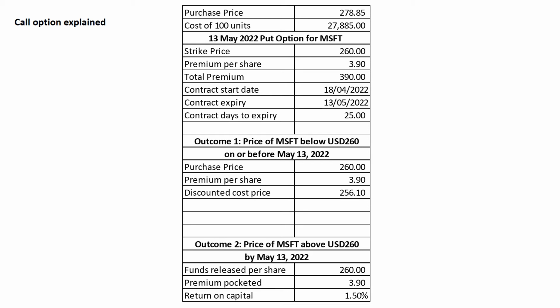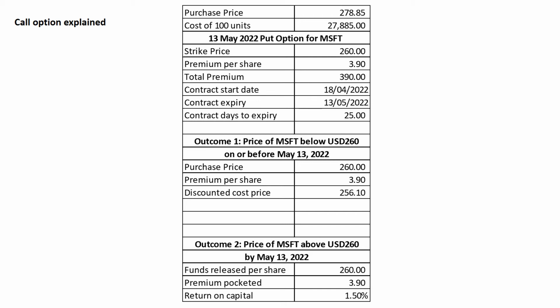And for agreeing to block those funds to pay for Microsoft shares in the future, you will receive $3.9 per share, which is about $390 per contract. And like we said in the call period description, the time to expiry of this contract is 25 days. That is from the 18th of April to the 13th of May 2022.